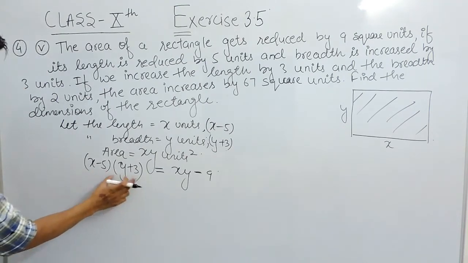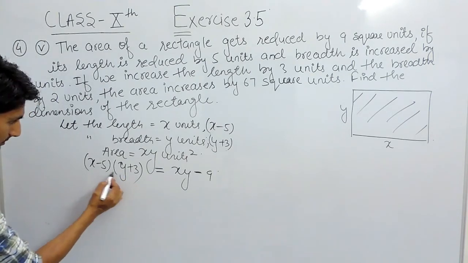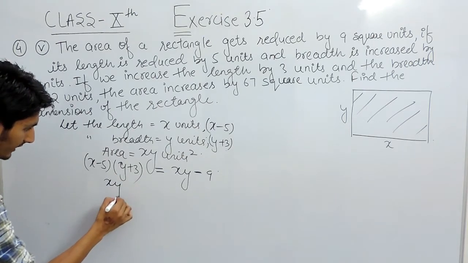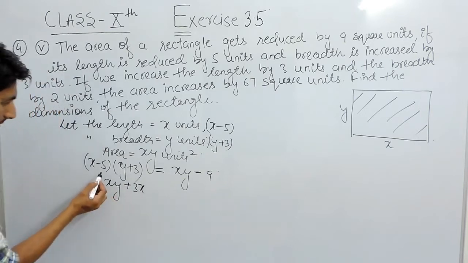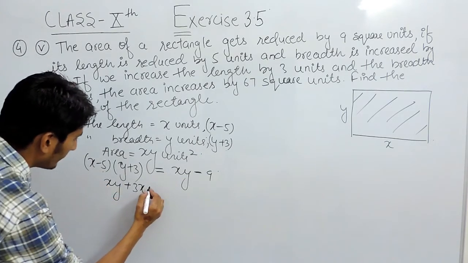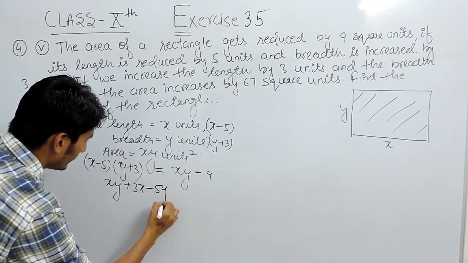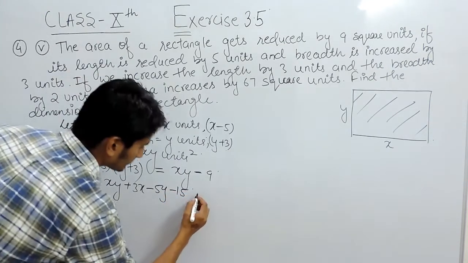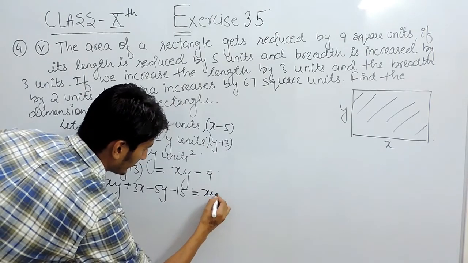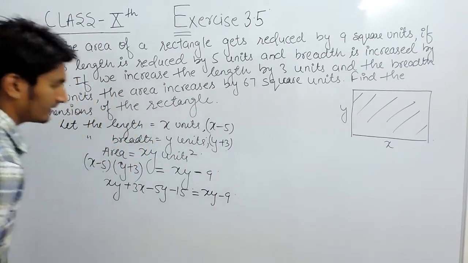First of all, open this bracket. So x multiplied by y is xy, x multiplied by 3 is 3x. Similarly, 5 multiplied by y is 5y, and 5 multiplied by 3 is 15. And here it is xy minus 9.